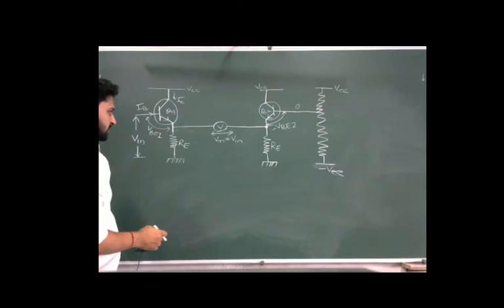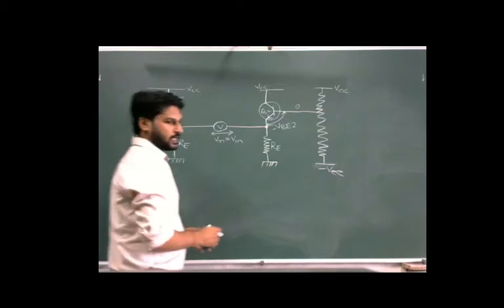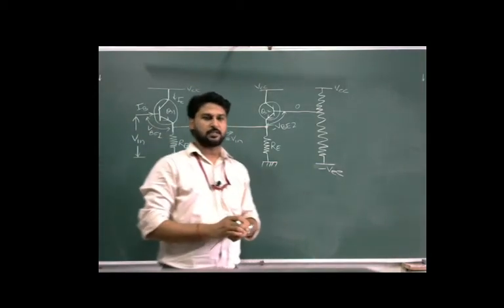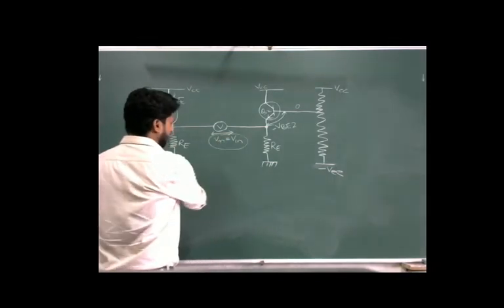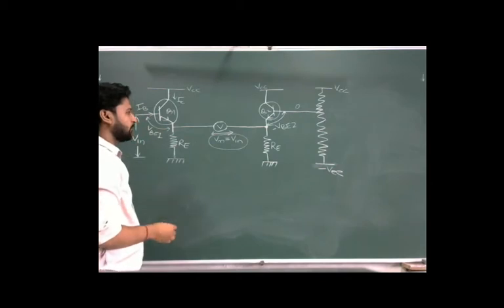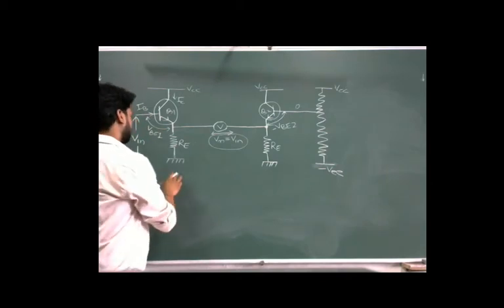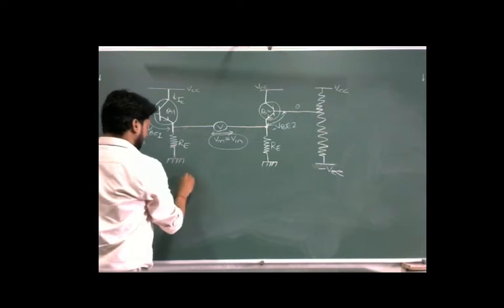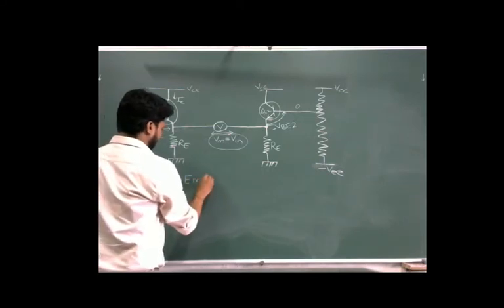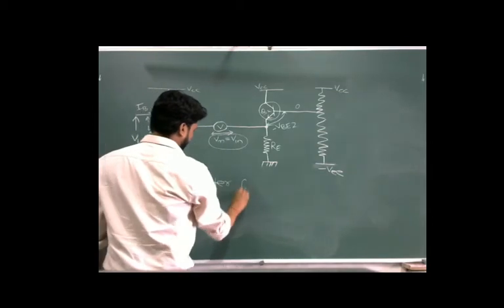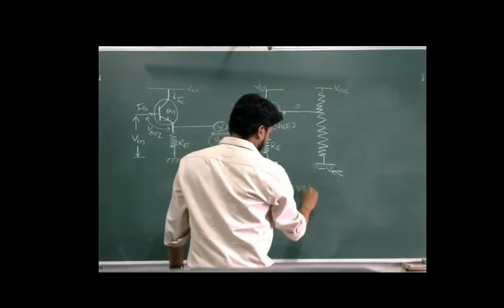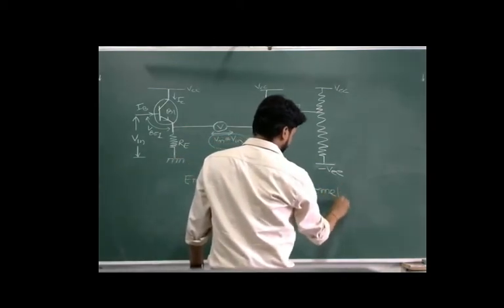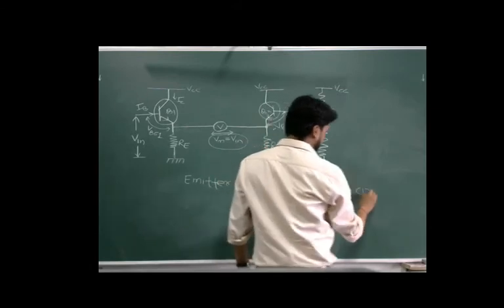So the purpose is solved and this instrument is ready to generate an accurate measurement. This relation is linear and this instrument is complete. This is called the emitter follower voltmeter circuit.